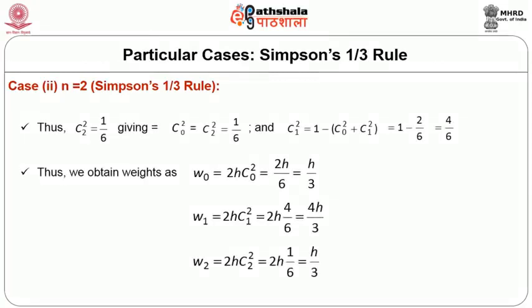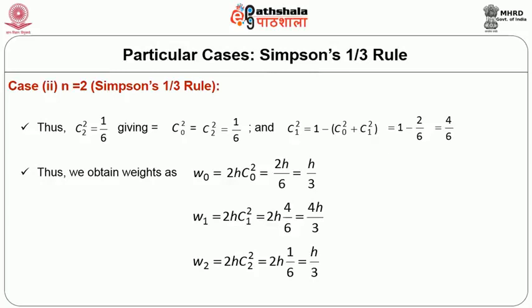2c2 is 1 by 6, and so 2c0 will also be 1 by 6, and the sum of all the Cotes coefficients is 1. So 2c1 becomes 1 minus 2c0 minus 2c2, so 1 minus 2 by 6, and that becomes 4 by 6.